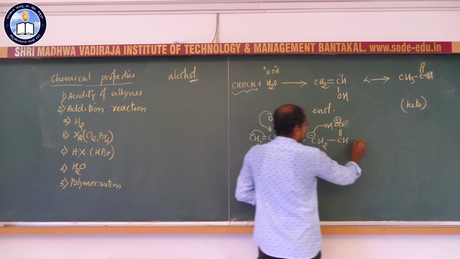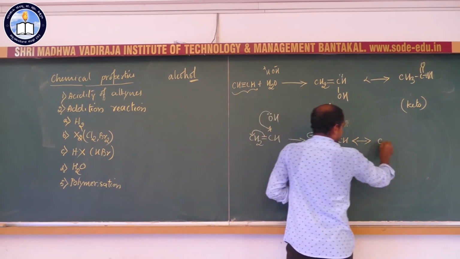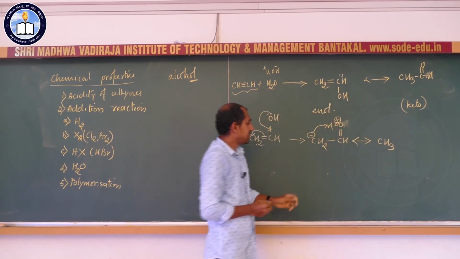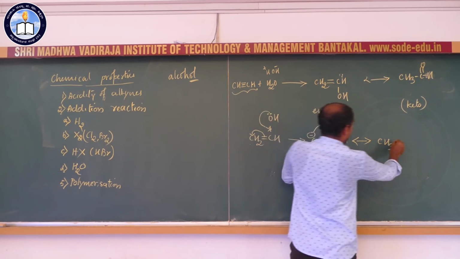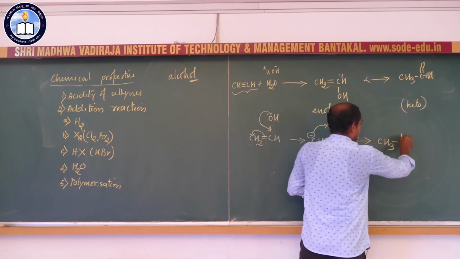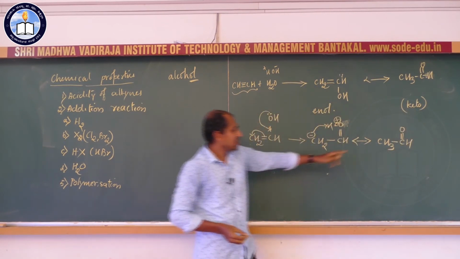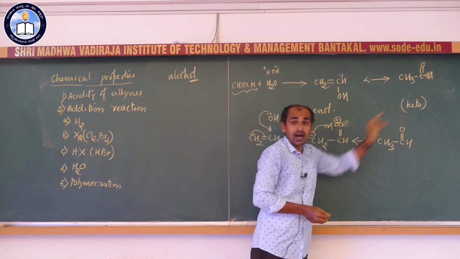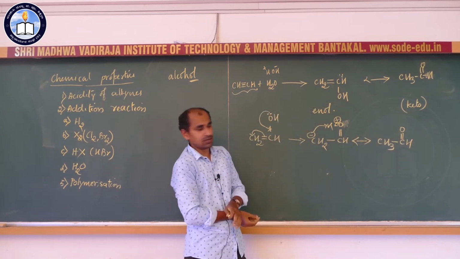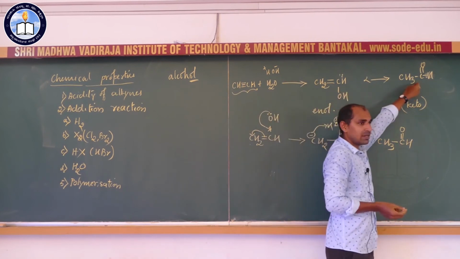As a result, this CH2 minus gets a proton, so it converts into CH3. We have a single bond to CH, and over the carbon we have a double bond with the oxygen. So it is converted into a carbonyl group. The enol is converted into a carbonyl group.